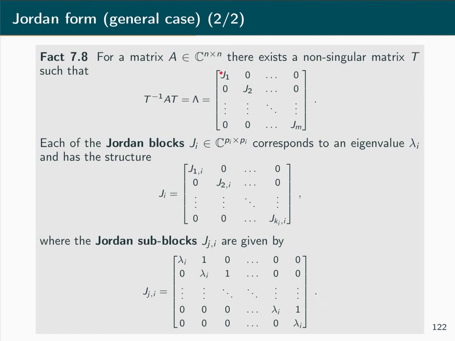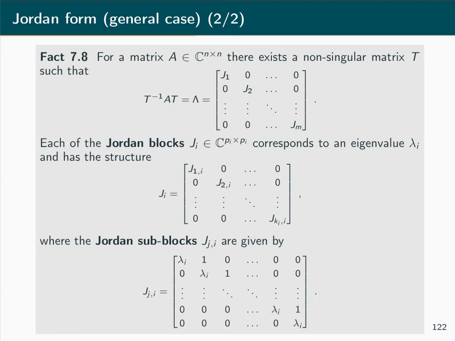Remember from the previous slide that m represents the number of distinct eigenvalues of A. Moreover, each of these Jordan blocks, Ji, where i equals 1 through m, is of dimension pi by pi, where pi, as defined on the previous slide, represents the multiplicity of the eigenvalue lambda i.